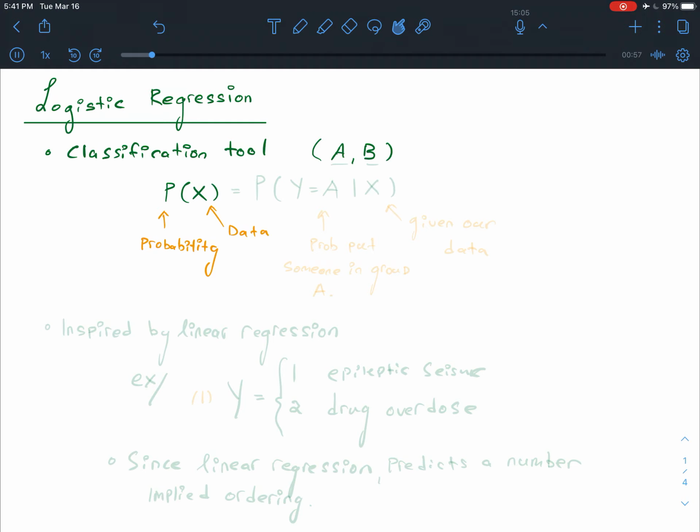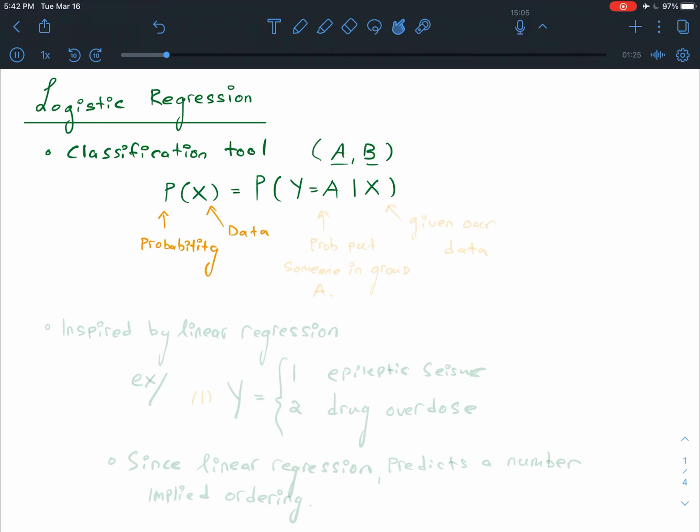What it returns is a score that allows us to decide whether or not we should put someone in one of these groups. We can think of it as the probability that we assign someone to group A or B, given X. You could interchange both of these, but let's just say it's the probability that we put someone into group A, given our data.